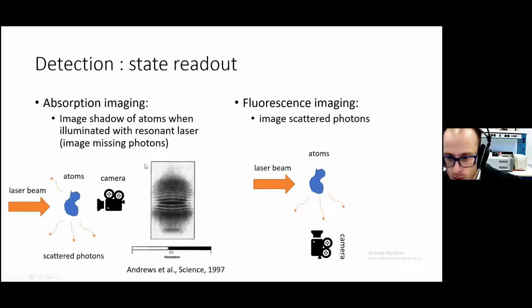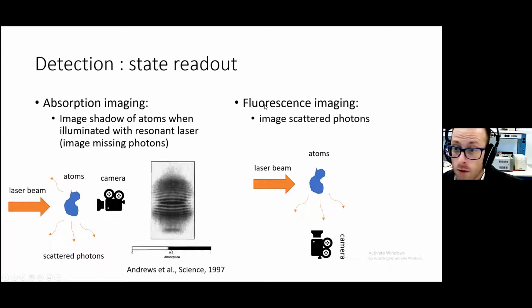This is probably the most popular absorption imaging I can think of: the interference of matter, the interference of two BECs.